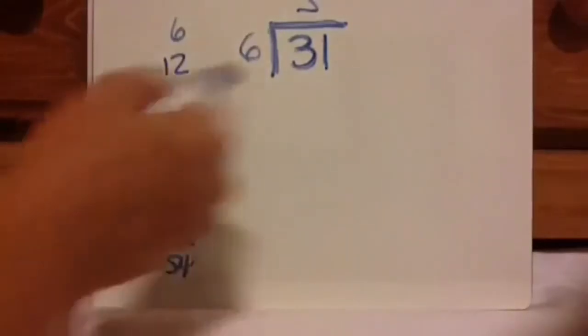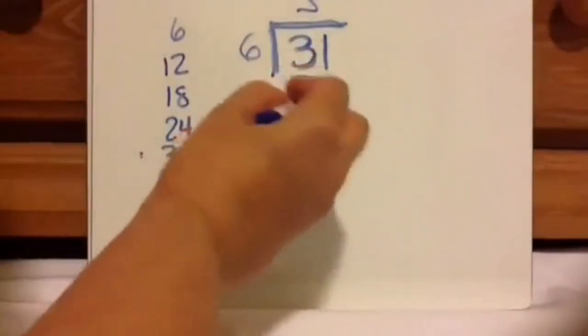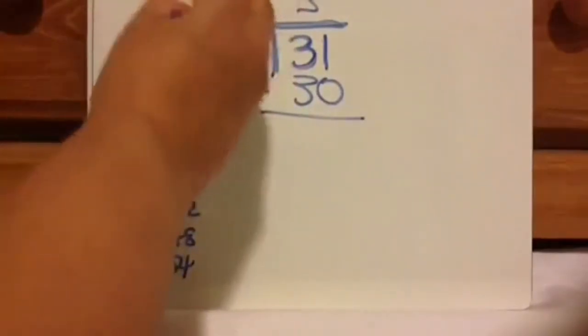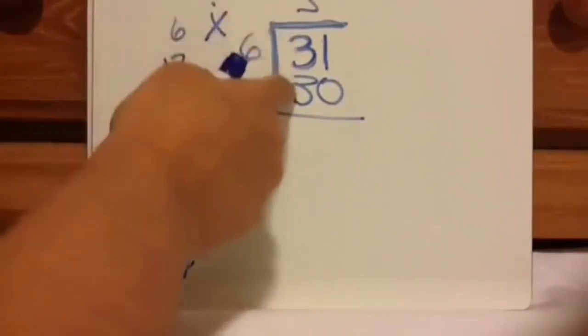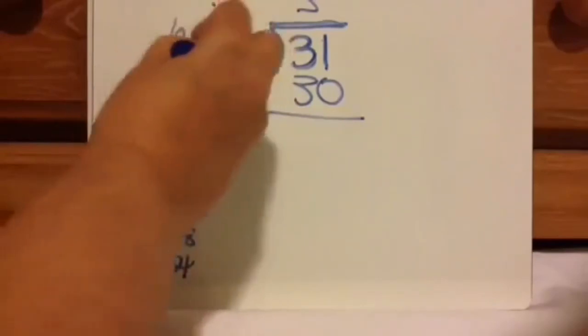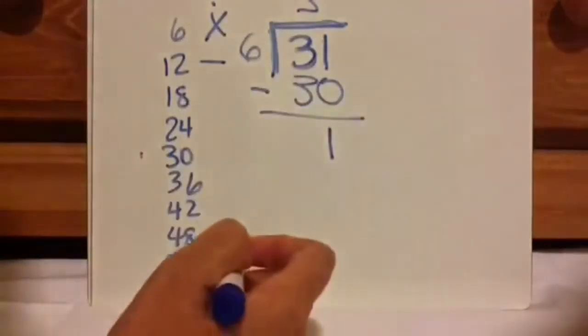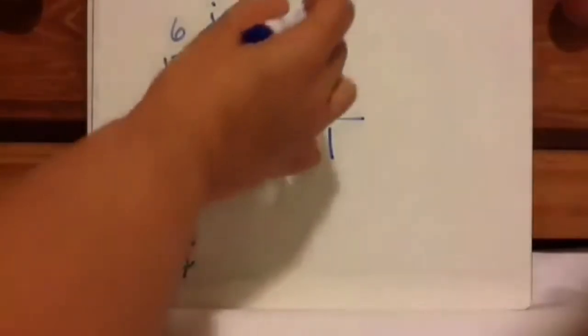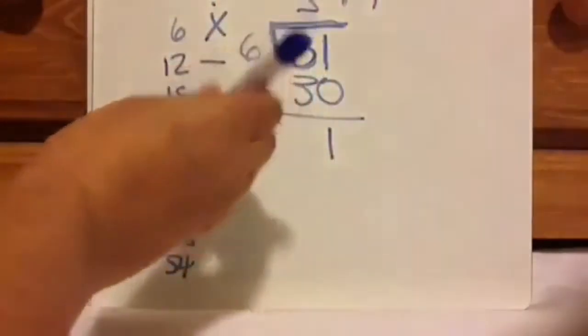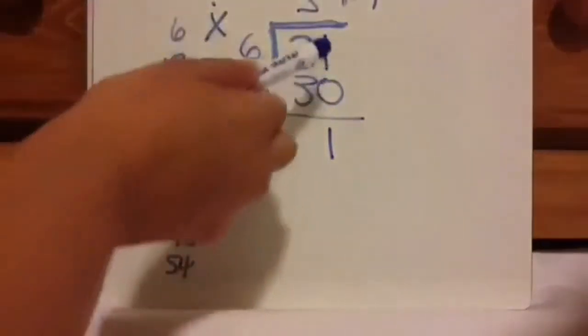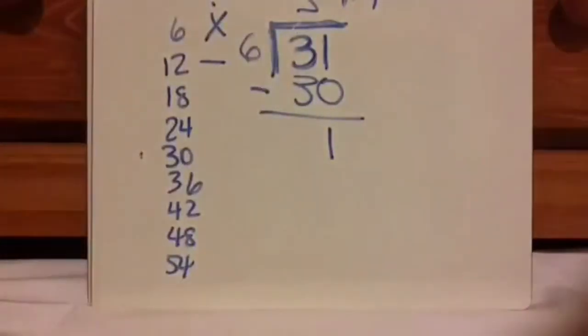The best I can do is a 6 by 5, which will be 30. So I divided, which is 5. I multiplied, 6 times 5 equals 30. Then I subtract, and 31 minus 30 equals 1. And so you make that your remainder. So you're saying I can make a 6 by 5, which will be 30, and there will be 1 left over.